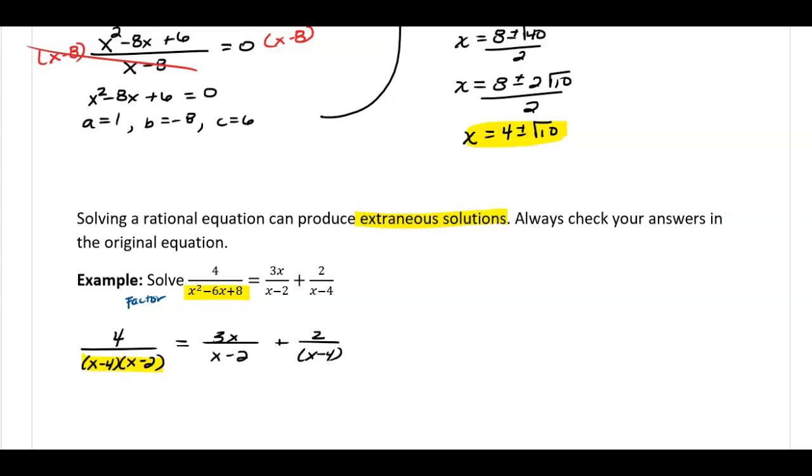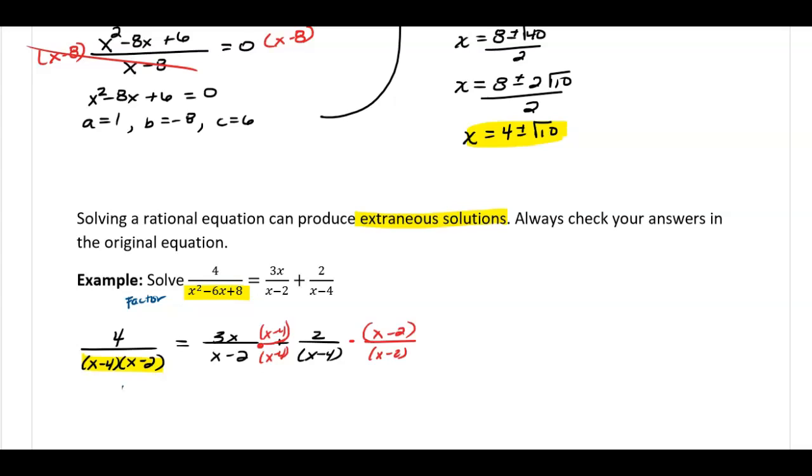So if I take a look at this, I will notice that to get the same denominator over here, I'm going to have to multiply by x minus 4 over x minus 4. And this one would be x minus 2 over x minus 2. Basic fraction rules of finding common denominators.